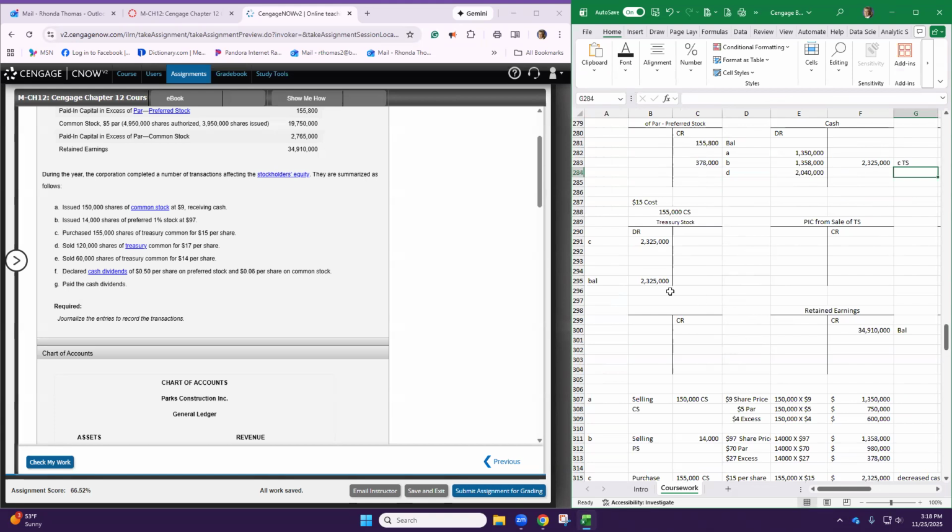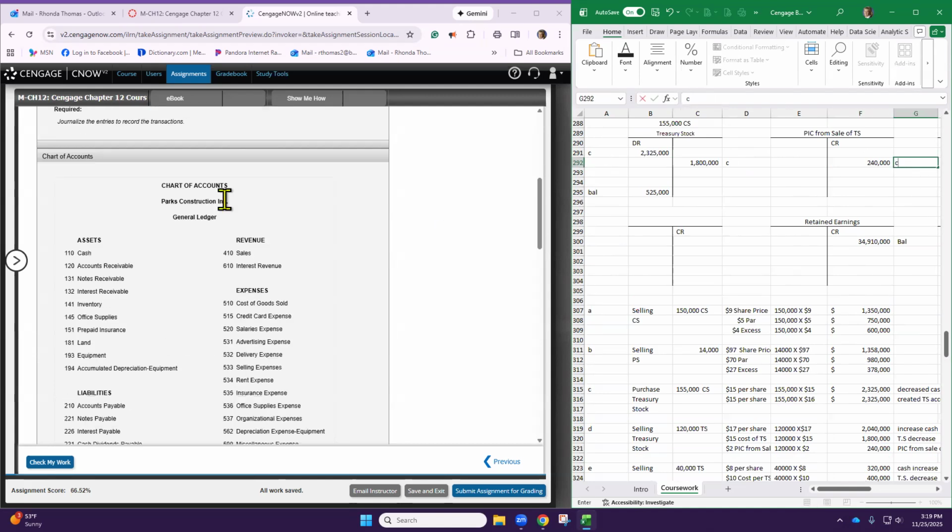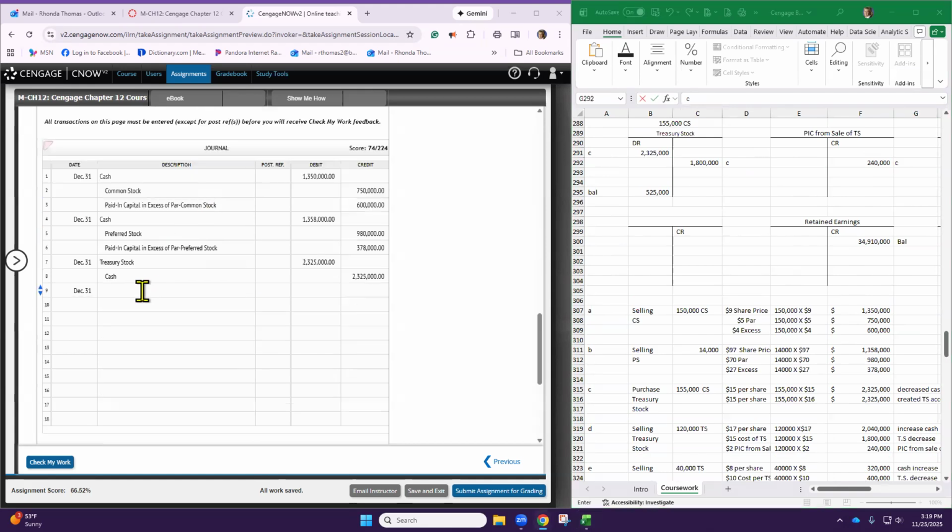Okay, and then, okay, so here, so we want treasury stock to go down by the amount that we sold, which is right here. And then the paid in capital in excess from sale of treasury stock right there. All right, so then this is going to be C. Okay, so this is December 31st. So here comes the cash.